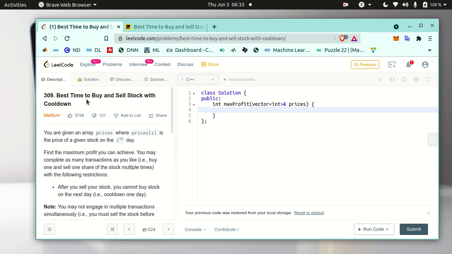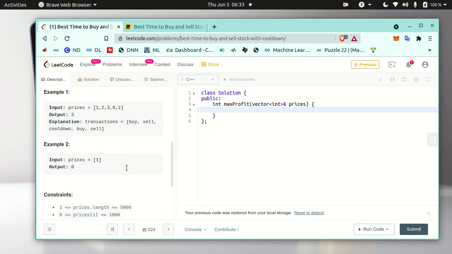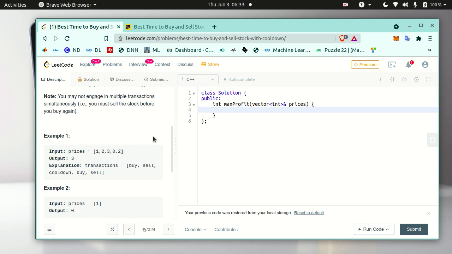As you can see, this is a medium problem. The previous problems were easy ones, and this one is a little bit different, but it seems really easy to us if we have gone through the previous videos.